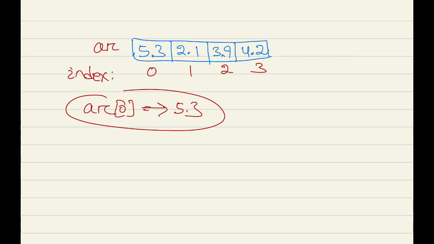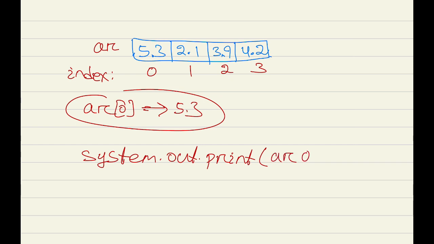So if we want to write system.out.print AR of 0, it is going to print 5.3.